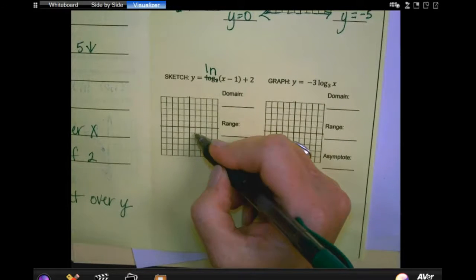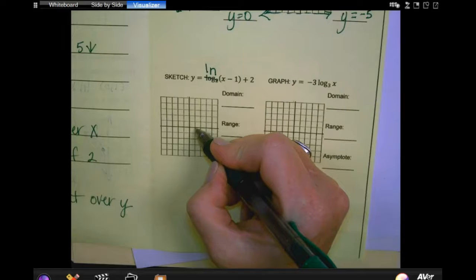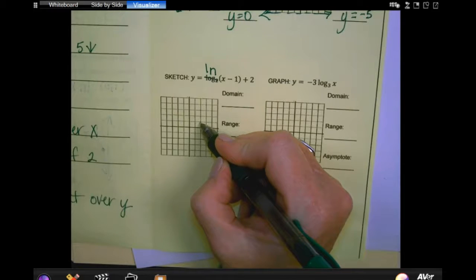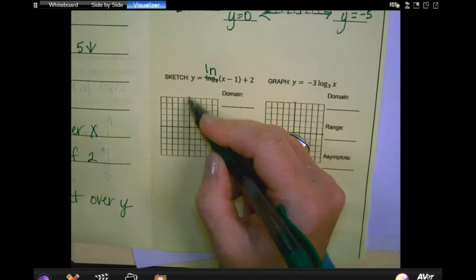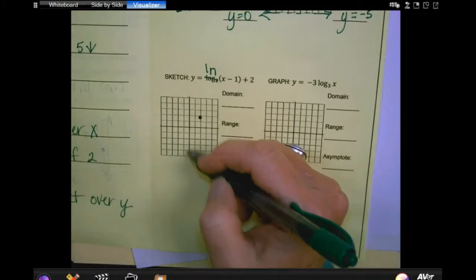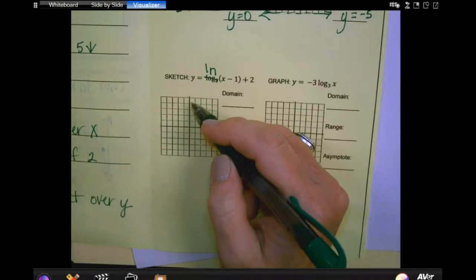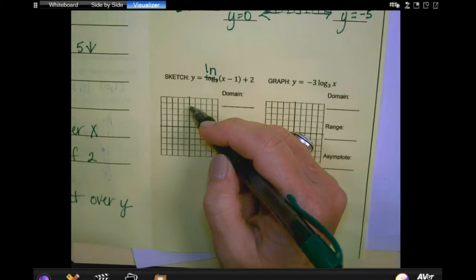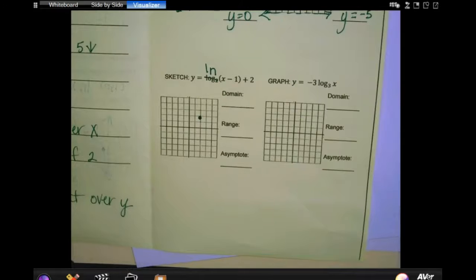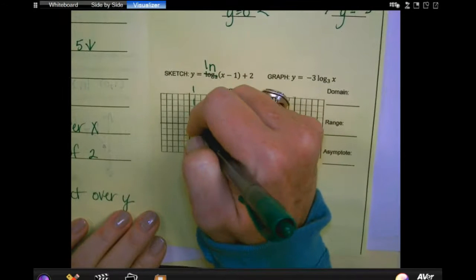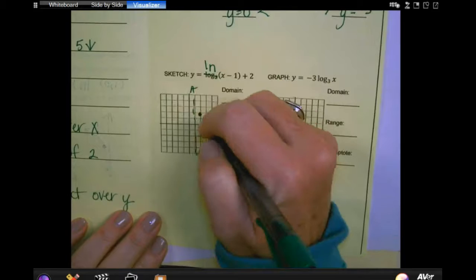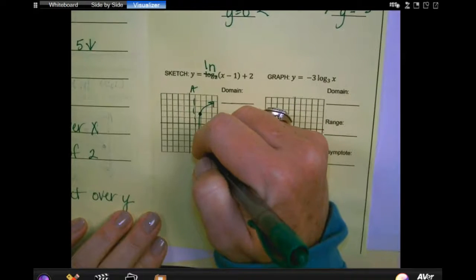So which way do I shift? Right 1 and up 2. And my asymptote is here, so which way did the asymptote shift? The asymptote's up and down. To the right 1, correct? And so I end up like this.